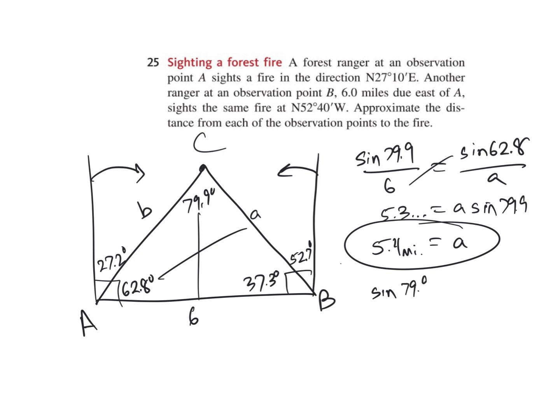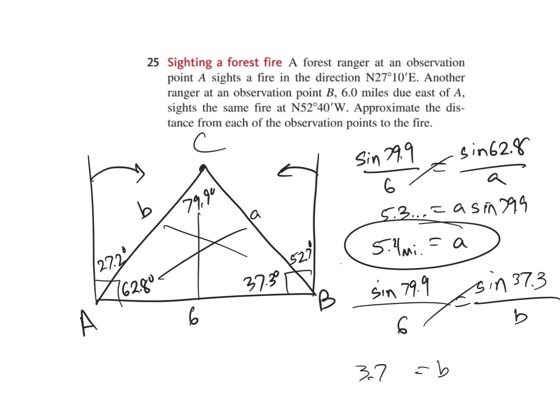Sine of 79.9 is to 6 as sine of 37.3 is to little b. So cross multiply again, 6 times sine of 37.3, divided by the sine of 79.9. So little b is 3.7 miles. And those are your two answers.